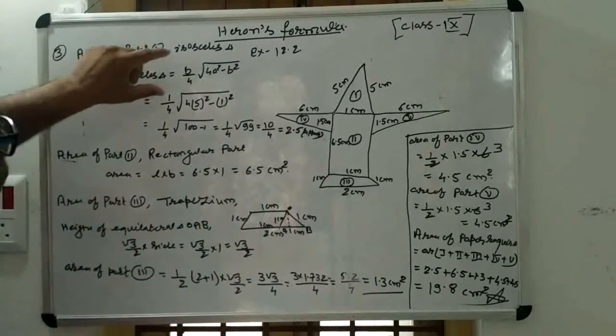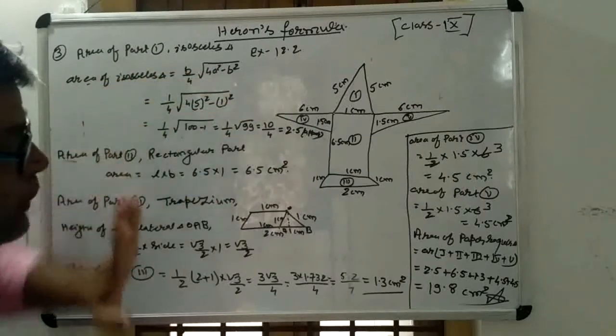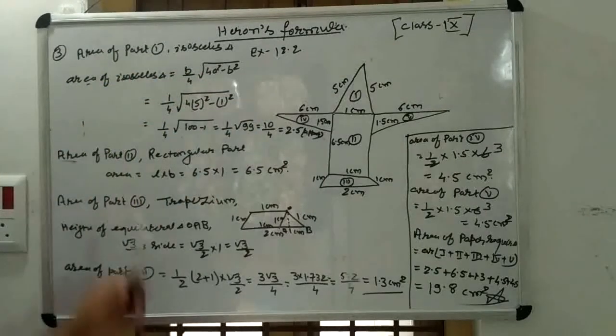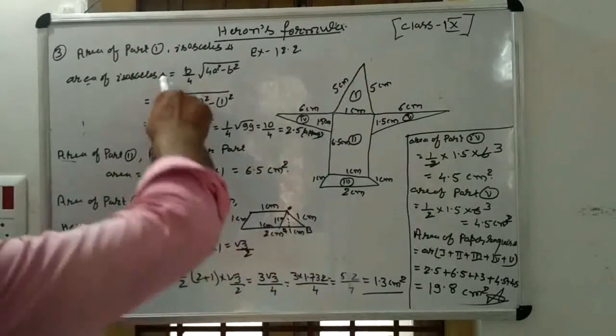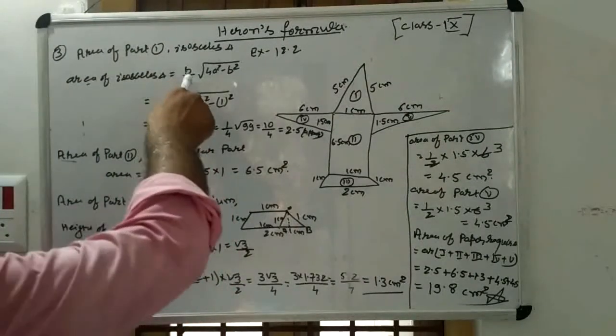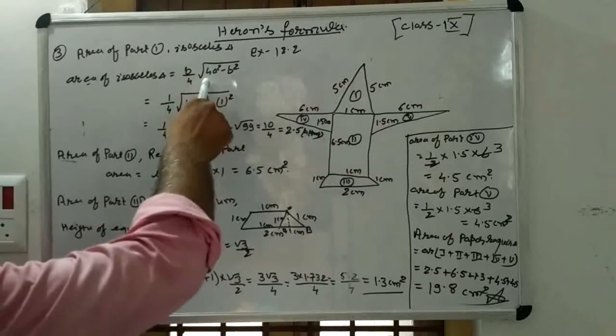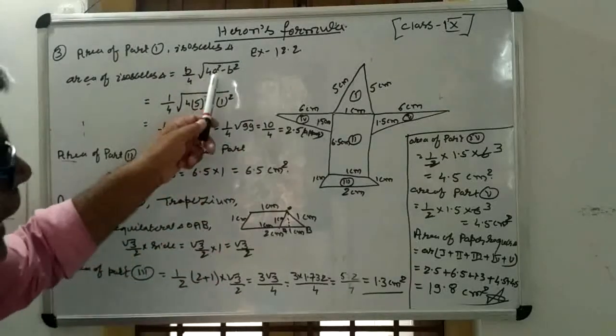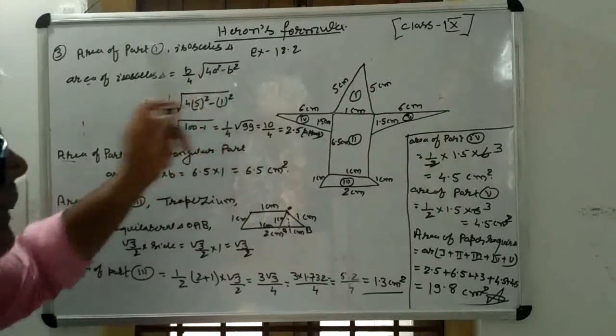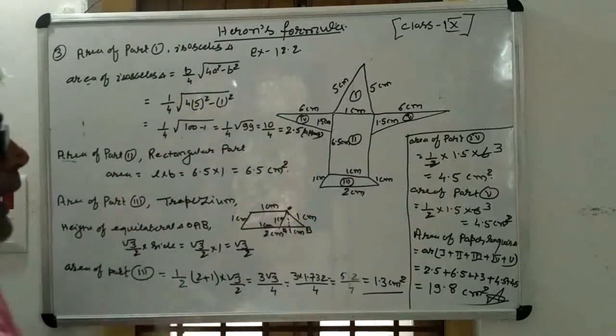So for the area of the first part, which is an isosceles triangle, we have applied the area formula for an isosceles triangle. This is b by 4 under root 4a square minus b square, where a is the equal sides and b is the base, which is unequal.